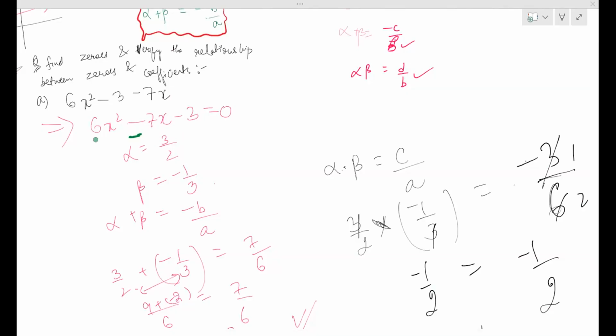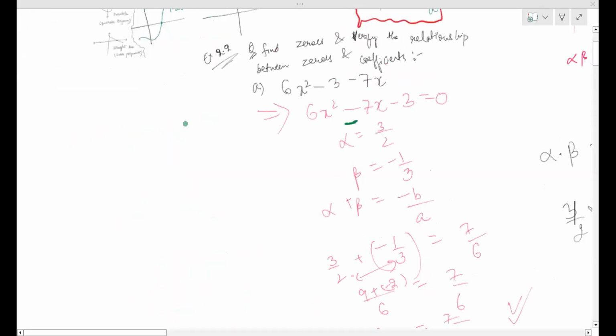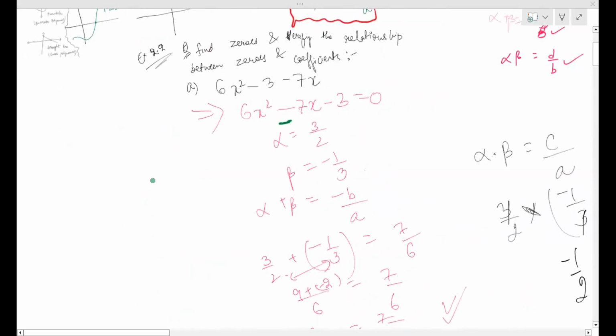So I want you to try the factorization method by yourself now. You can take help from the previous one. So how do we have to do it? 6 into minus 3, that is minus 18. We have to take two terms such that after multiplying they give us minus 18. Right, Abdul Rahman? Can you do it once?